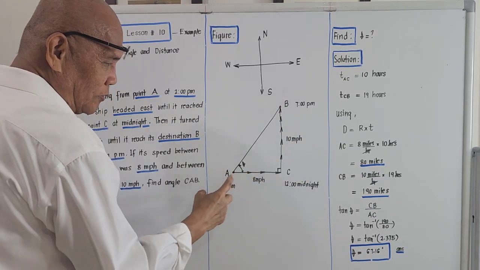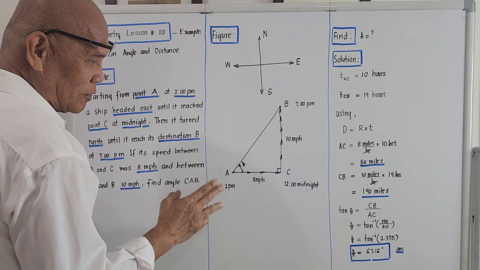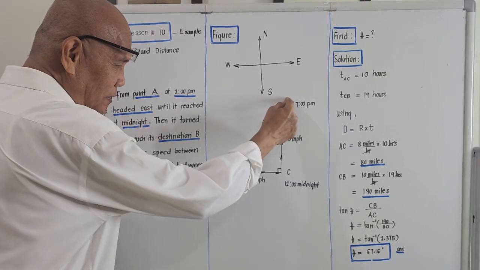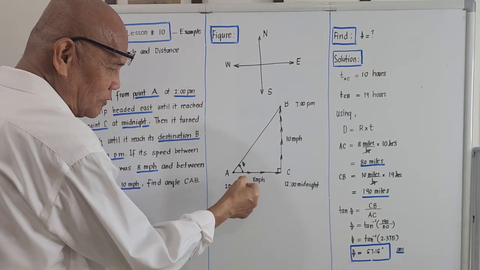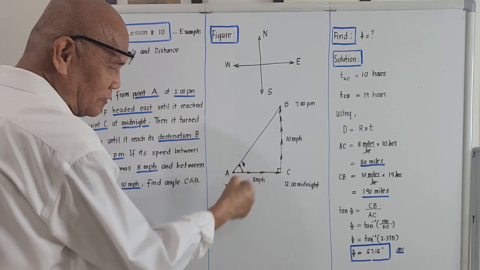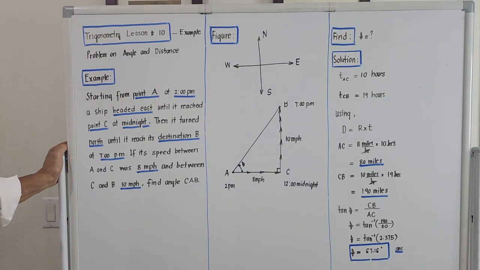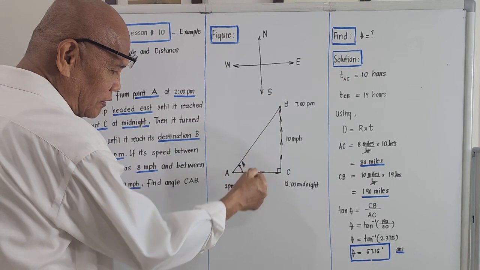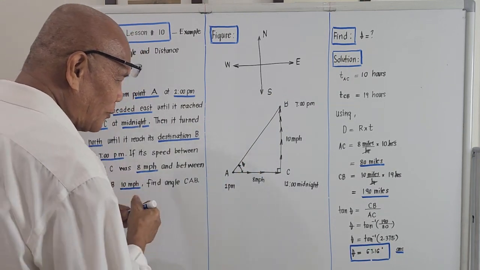The problem is asking what will be the angle CAB. CAB, meaning this angle theta here. The problem is just asking for the value of angle theta.